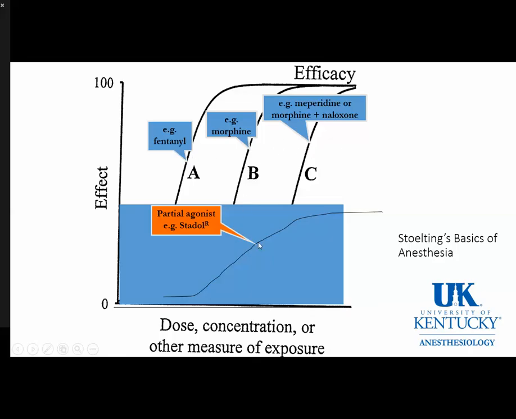So partial agonist has a less than full efficacious response, and note that its slope is different, so it's probably acting at different receptors or in a different way than these other curves here that depict morphine, fentanyl, and meperidine.